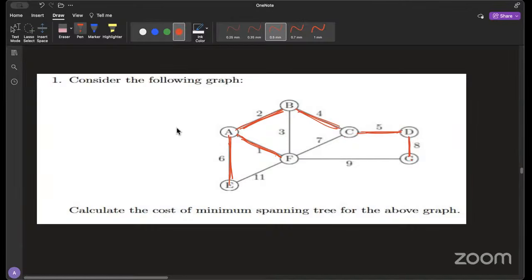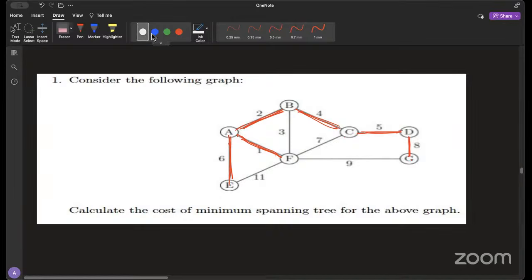I will get the wrong answer if I start from F, because if you're using Kruskal's algorithm, then start with the minimum one. If you're using Prim's algorithm, you can use any vertex. In Prim's algorithm, it does not matter what you choose as the first vertex, but in Kruskal's algorithm, it does matter.